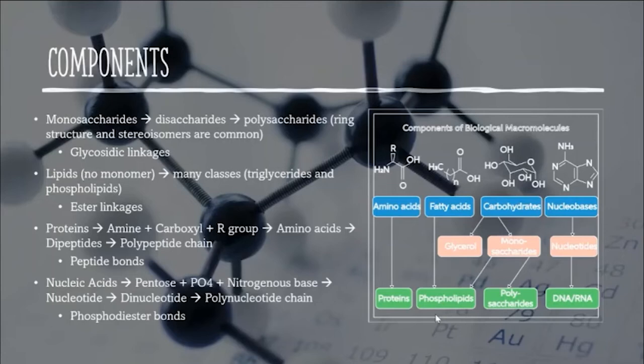Proteins are amino acids made up of an amine group, a carboxyl group, and then variable R groups attached to the central carbon and hydrogen. Nucleic acids are going to be your nucleotides consisting of pentose sugar, inorganic phosphate group, and a nitrogenous base.